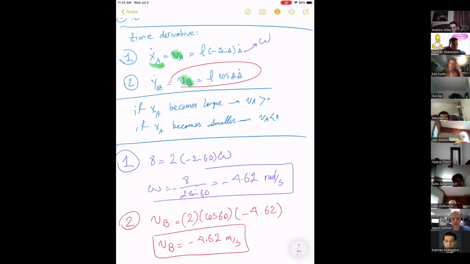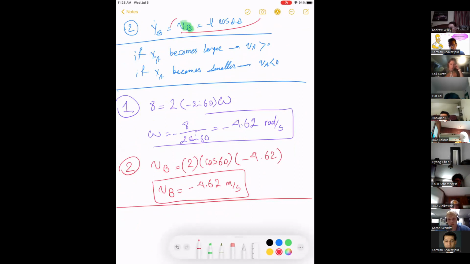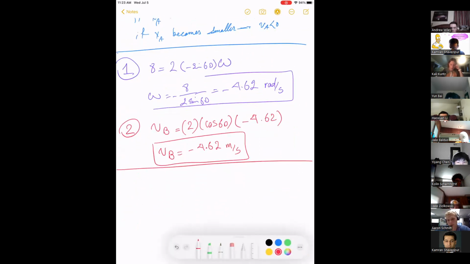Okay? The problem does not ask for acceleration, but if you want to find the acceleration, let's say the problem says omega is constant. Now I'm extending this problem, okay? Make it like part B now. Just follow here.